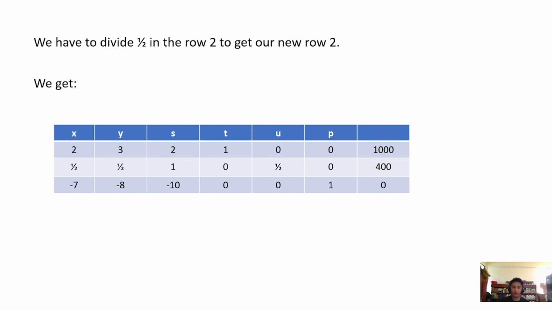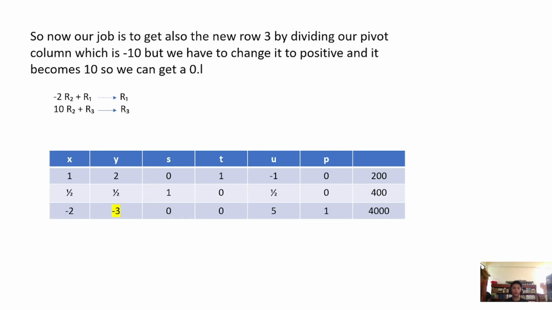Okay, so now our job is to get the new row 3 by multiplying by the pivot column entry, which is negative 10, but we have to change it to positive, and it becomes 10.